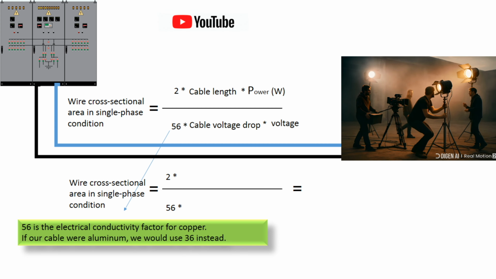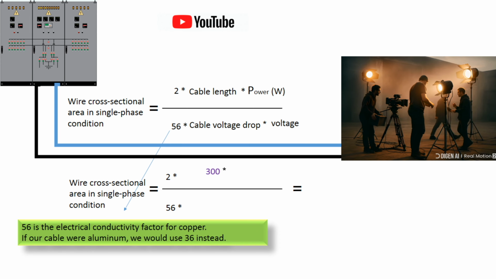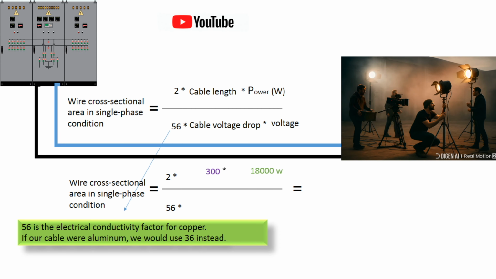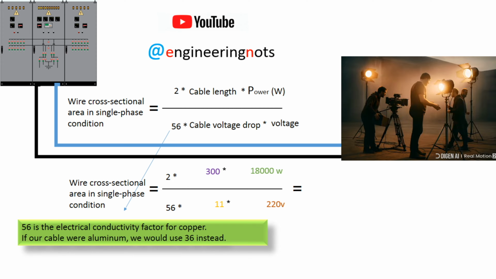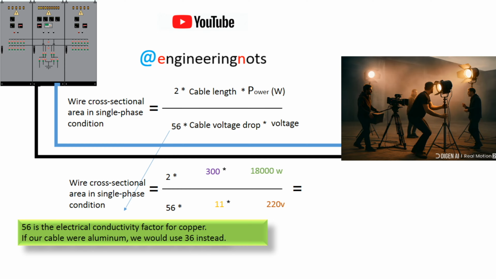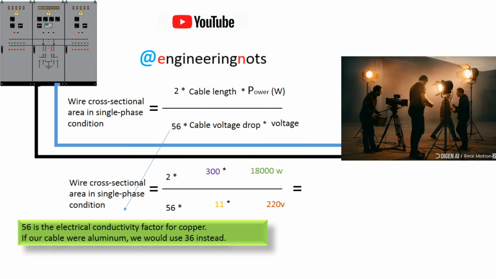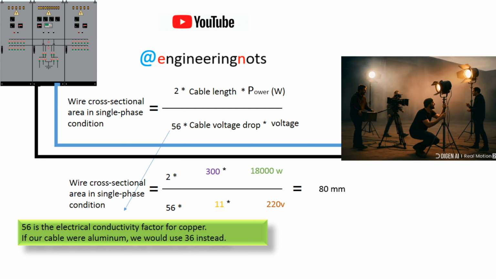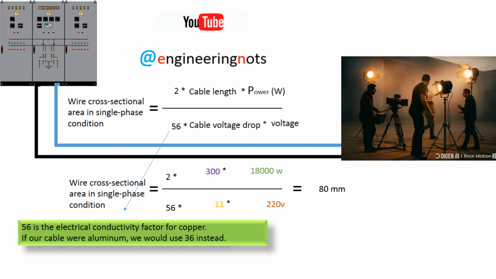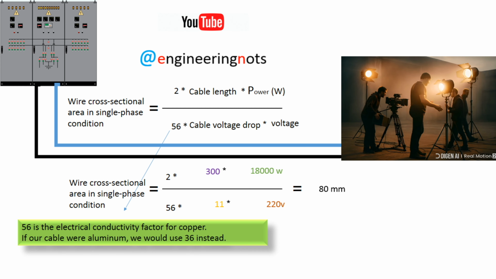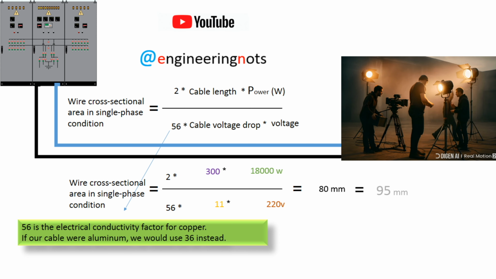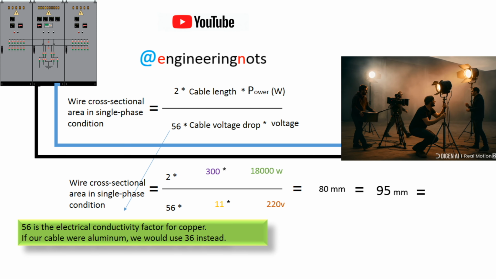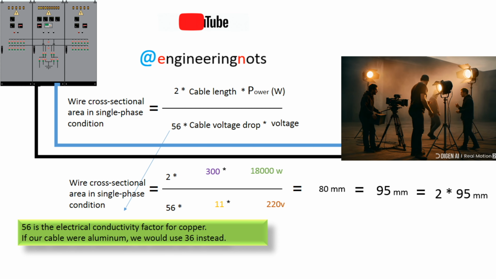First, we calculate the cable size. If we use a 2-core, single-phase cable, which means 220 volts, the distance is 300 meters. The power is 18 kilowatts, which is 18,000 watts. 5% voltage drop of 220 volts equals 11 volts.